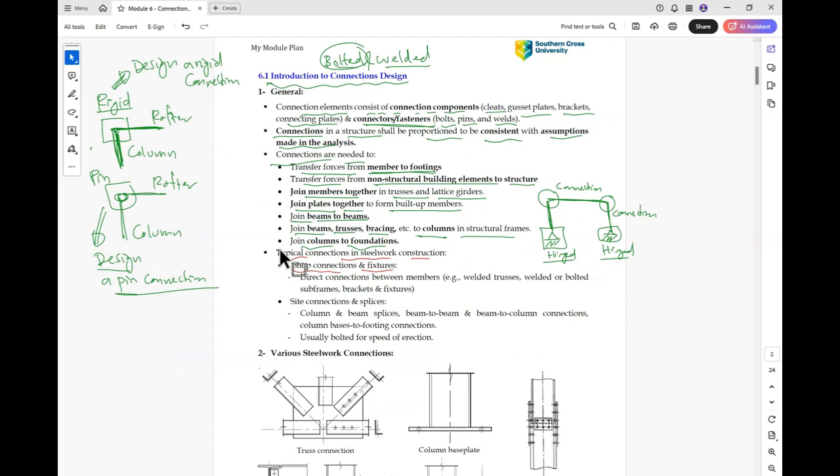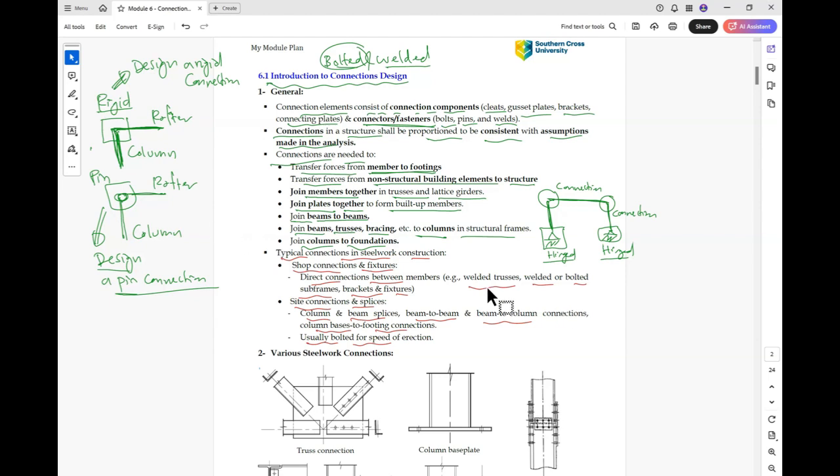We have direct connections between members like welded trusses, welded or bolted subframes, brackets and fixtures, and site connections or splices like column and beam splices, beam to beam connection, beam to column connection, column base to footing connection. Usually most of the connections are bolted because bolted is speedy in erection compared to welding.